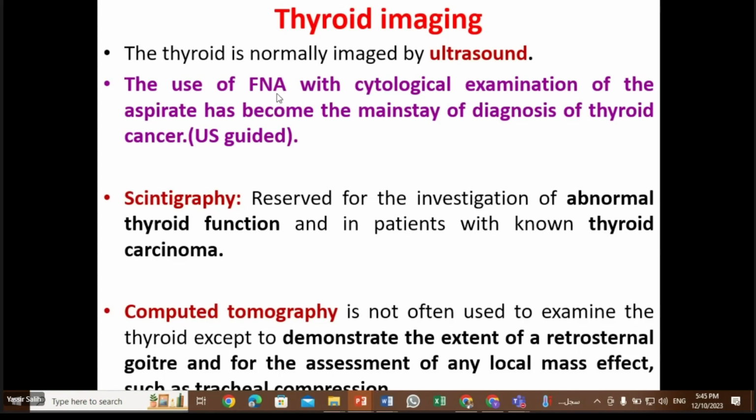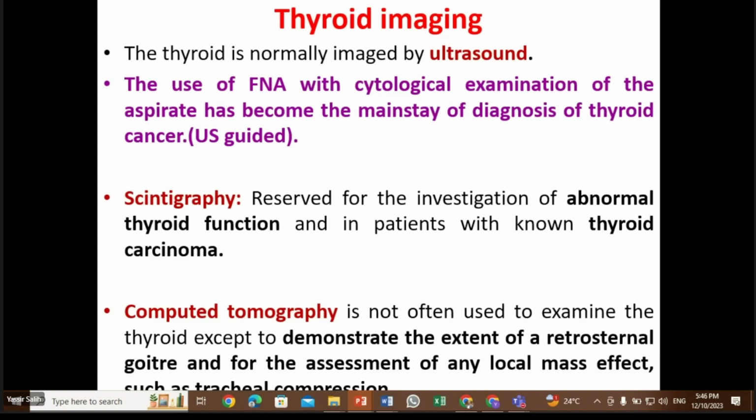And what imaging modality is used for guidance of this fine needle for taking aspiration from the thyroid tumor? Ultrasound. So ultrasound is the imaging modality used for guiding the fine needle for taking aspiration from a thyroid tumor.